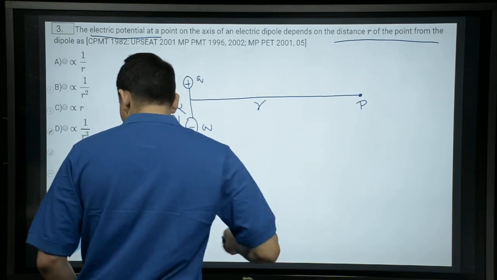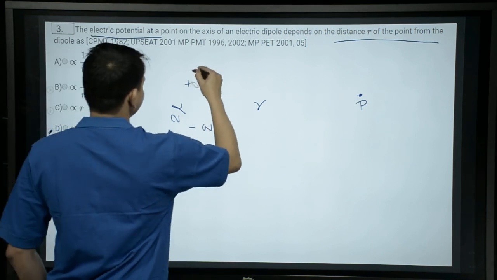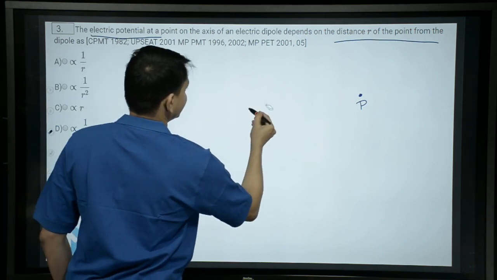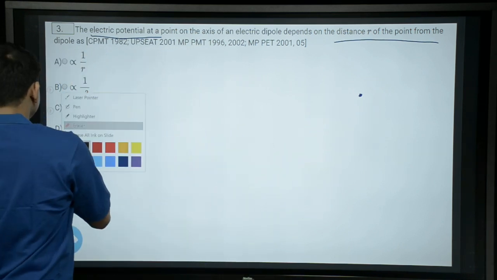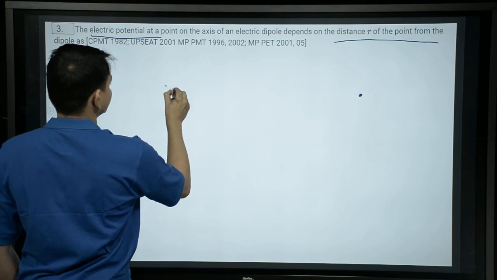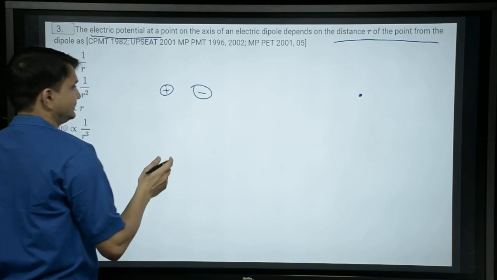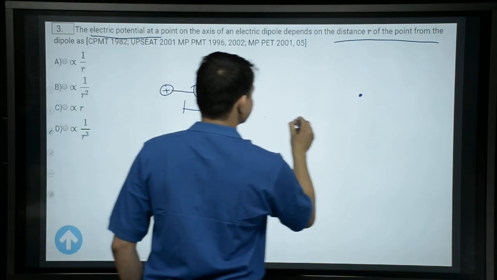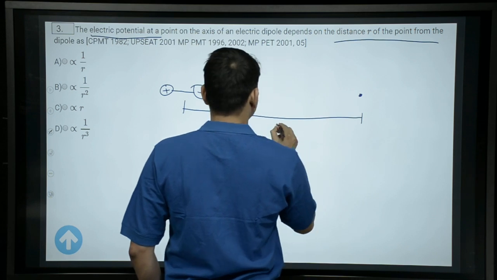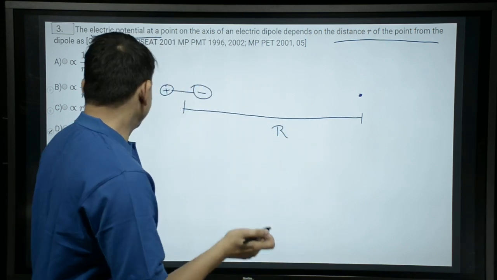Okay, one thing we have missed here, we have not considered the orientation of the dipole moment according to the distance. Say this is the point and our orientation is this. And this distance is what we are considering here.